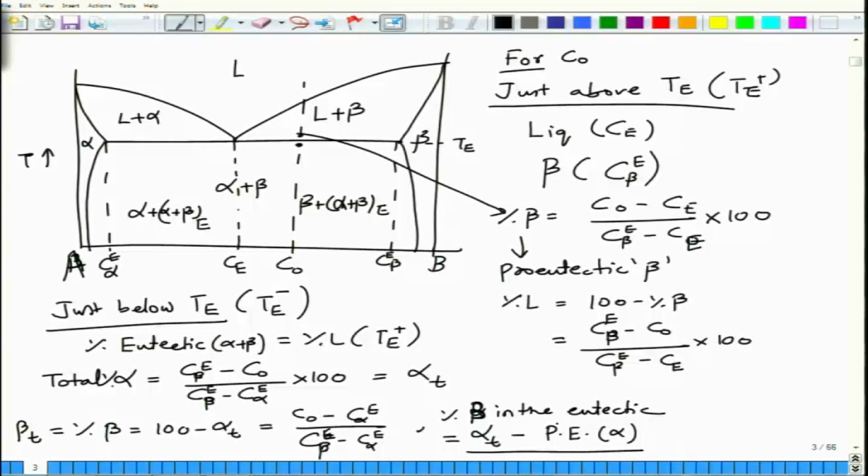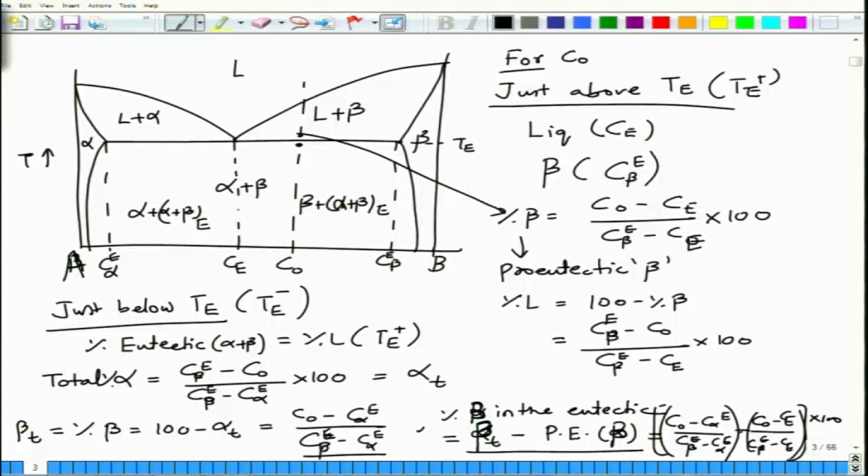So percentage beta in the eutectic is beta total minus pro-eutectic beta. Beta total is C naught minus C alpha E divided by C beta E minus C alpha E, minus pro-eutectic beta, which is C naught minus C E divided by C beta E minus C E. This will be multiplied by 100, of course. This will be the percentage beta in the eutectic.